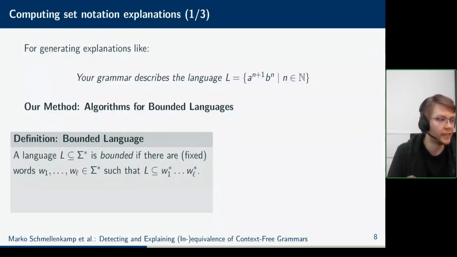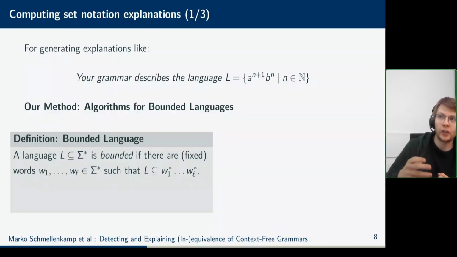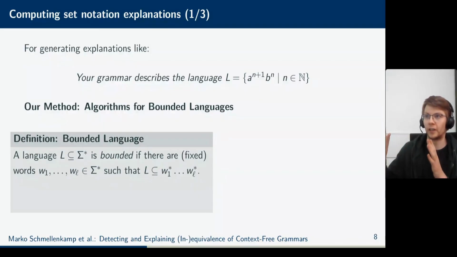A little definition of what they are. A language is bounded if it has a fixed structure, if every word has a fixed structure. More formally, a language is bounded if there are words such that every word of the language is a repetition of these words in a fixed order.